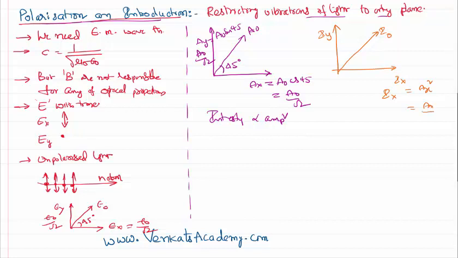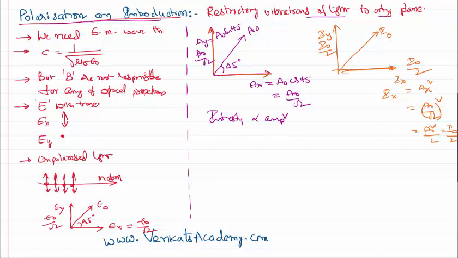Ax is A naught by root 2, whole square, that is A naught square by 2. A naught square is nothing but I naught. So the intensity is going to be equal to I naught by 2. So the amplitude is distributed as A naught by root 2 and A naught by root 2, and the intensity is distributed as I naught by 2 and I naught by 2 on both x and y axes.